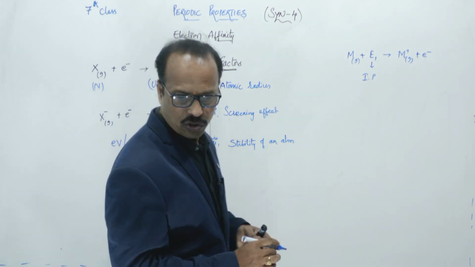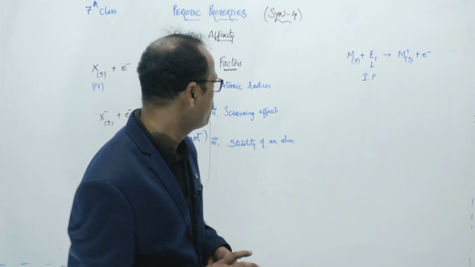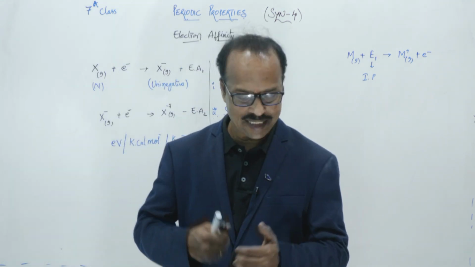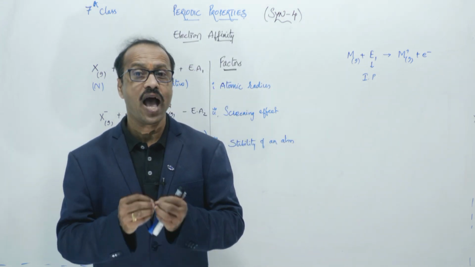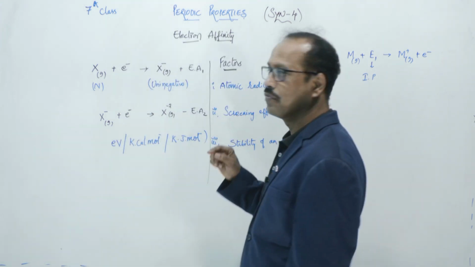So these are some of the factors on which electron affinity depends. Atomic radius is inversely proportional to the electron affinity. Inversely proportional means what? As the atomic size increases, electron affinity decreases.